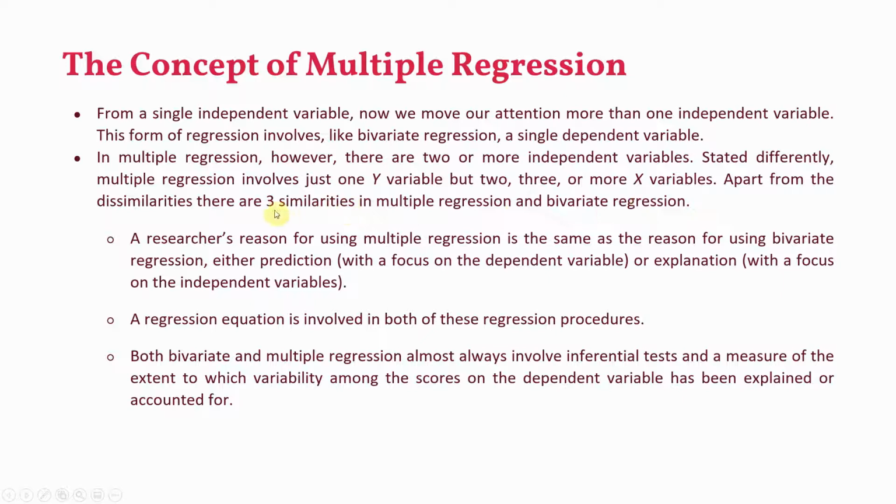Apart from the dissimilarities, there are three similarities in multiple regression and bivariate regression. A researcher's reason for using multiple regression is the same as the reason for using bivariate regression, that is, prediction or explanation. A regression equation is involved in both of these procedures. Both bivariate and multivariate regression always involve inferential tests. So the overall differences between correlation and regression would stand.